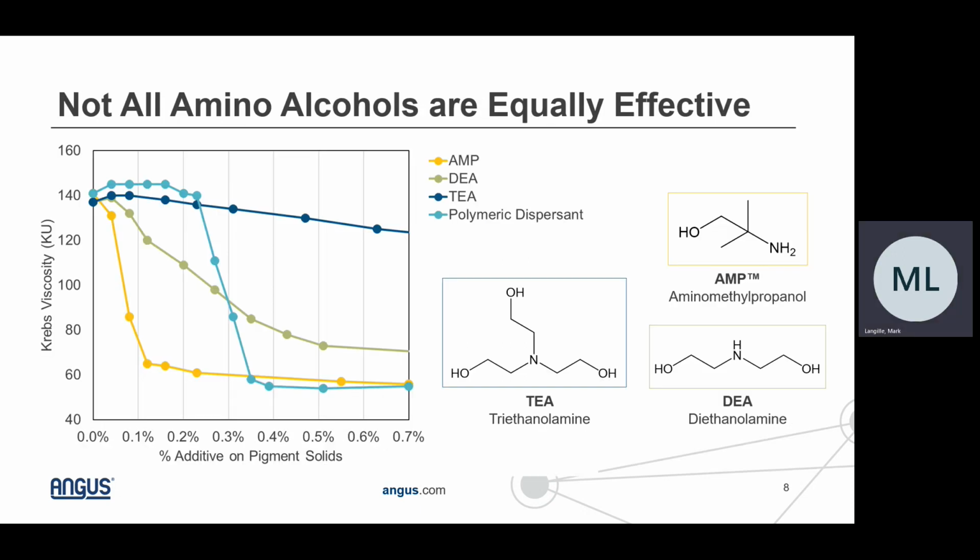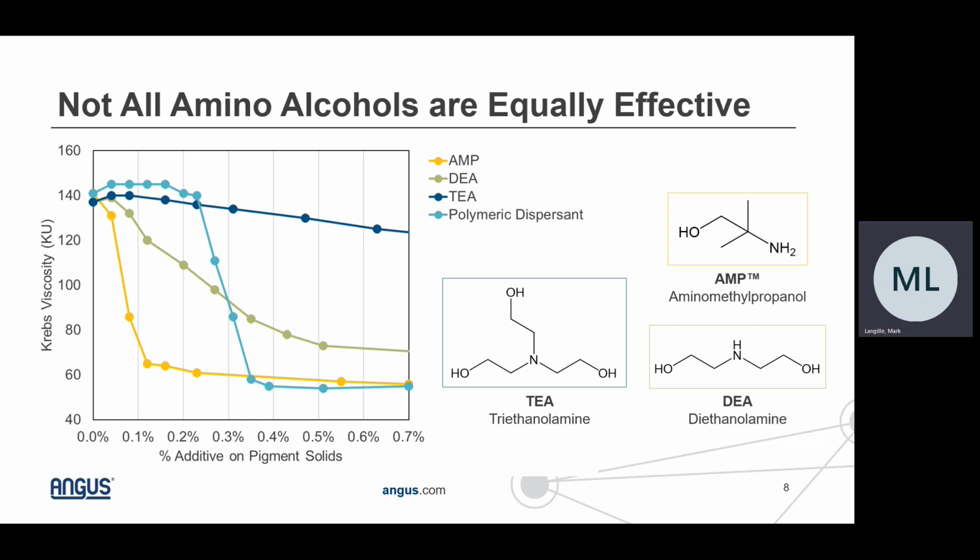However, it's very important to keep in mind that just like not all polymeric dispersants are created equal, neither are amino alcohol dispersants. Shown on this graph is a titanium dioxide dispersant demand curve for the polymeric dispersant versus 3 different amino alcohols. We have triethanolamine in dark blue, diethanolamine in green, and aminomethylpropanol in yellow.